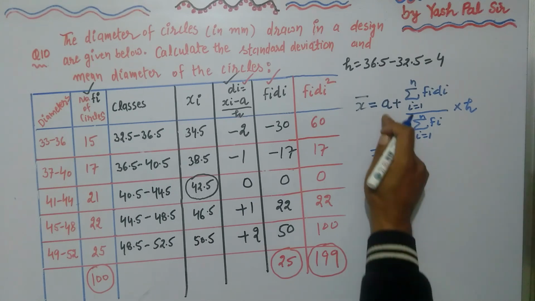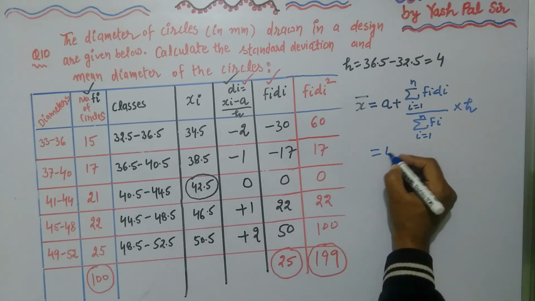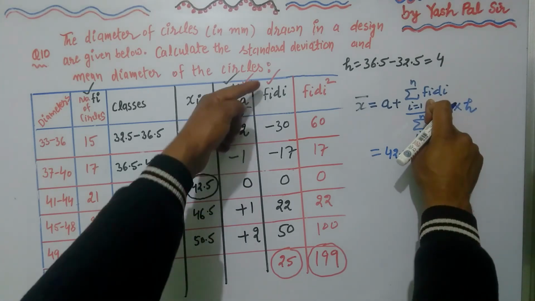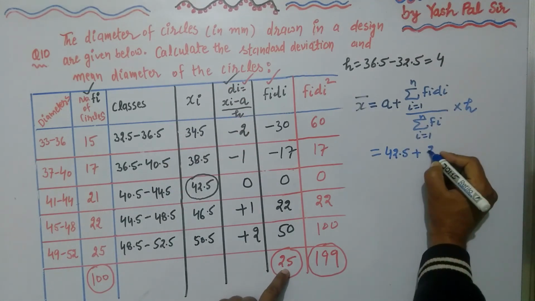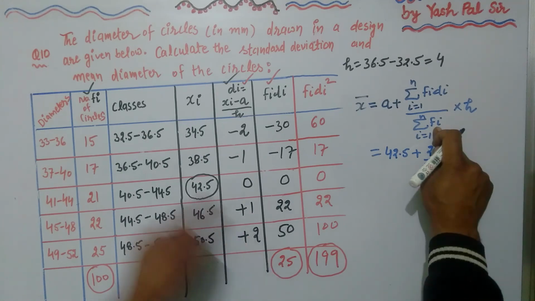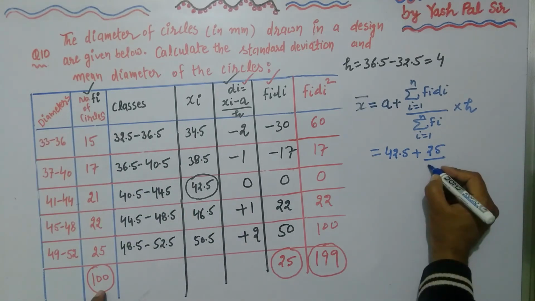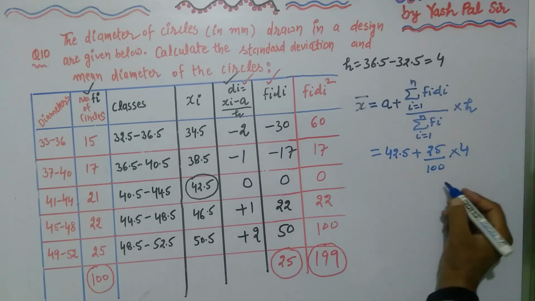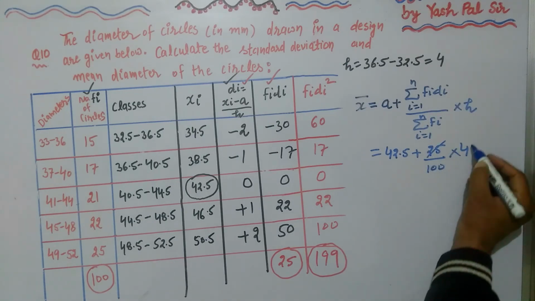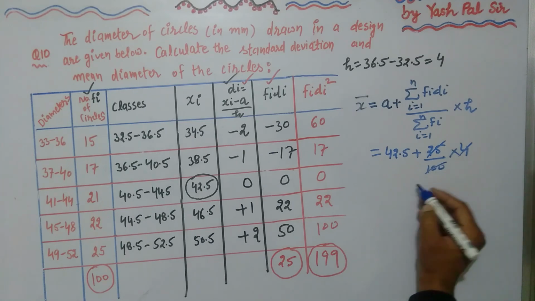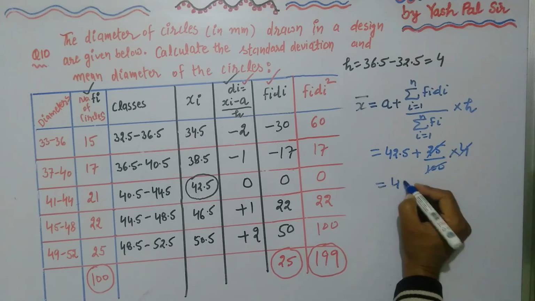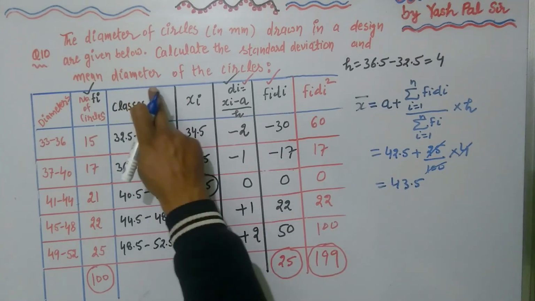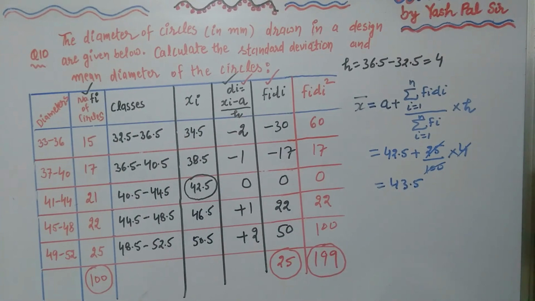So the assumed mean here is 42.5 plus the fi di summation 25 divided by the summation of fi, 100, into h, which is 4. So 25 into 4 is 100, upon 100, this is 43.5. This is the mean diameter of the circles.